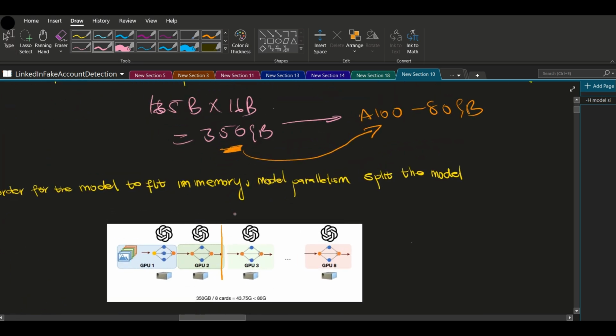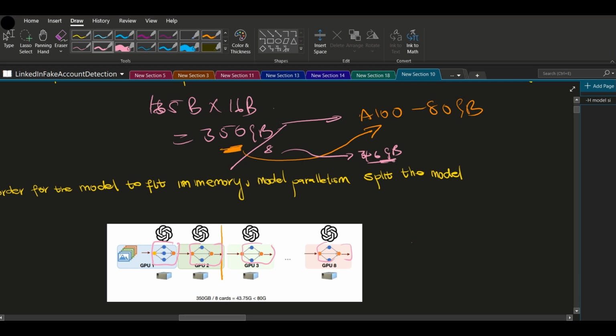So for instance, we have a GPU one, we put a layer, we put a layer, we put a layer. For instance, if now you take GPT and you divide it by probably 8 or 4, you can reduce this to 46 gig, right?